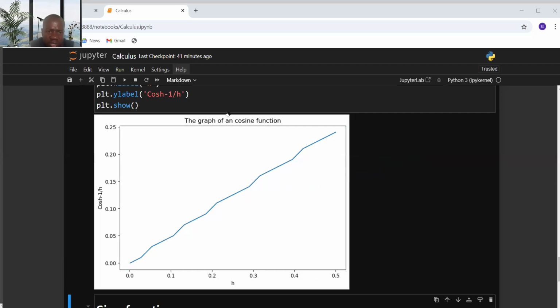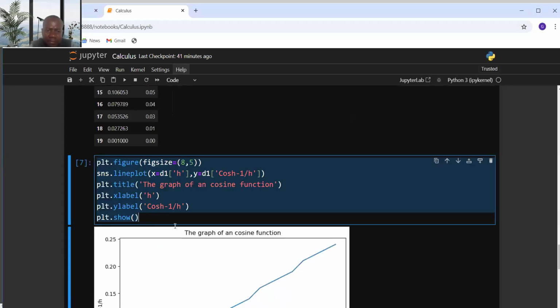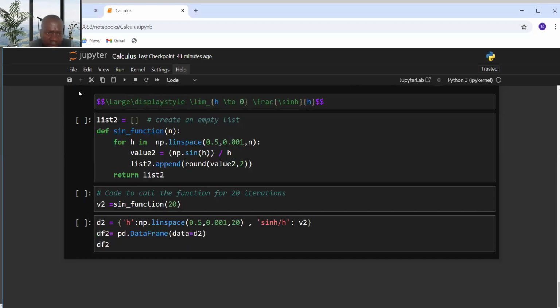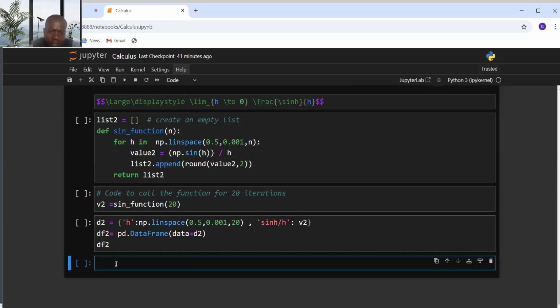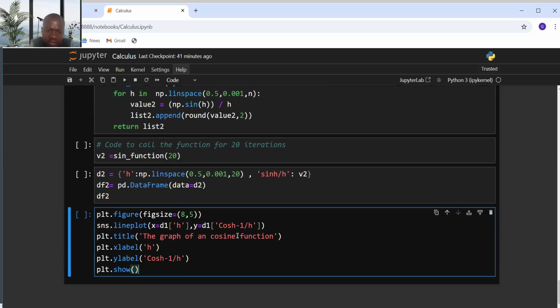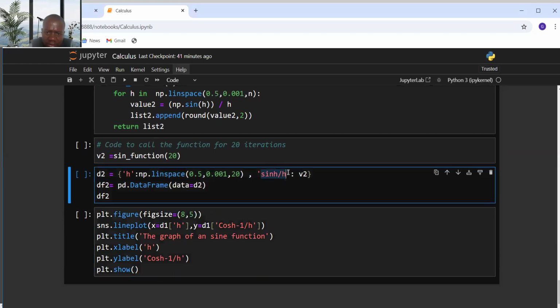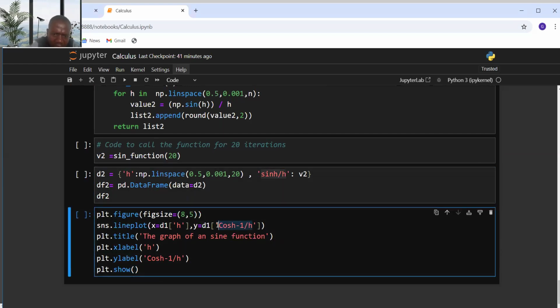Let me just copy this so that we can also observe this on the issue of sine. Let me paste it here. Just write this sine function. Then I'll copy this here and paste it there. This one will be D2.